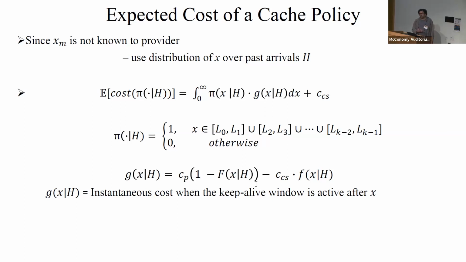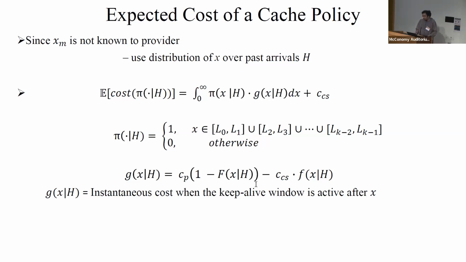So it's 1 during the sequence of keep alive windows and 0 otherwise. And g of x denotes the instantaneous cost of the policy when the keep alive window is active immediately after the time point x. So now that we have an expression for the expected cost of a cache policy, we can characterize an optimal cost policy.